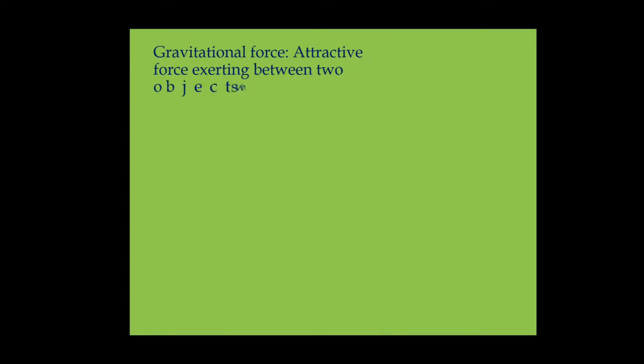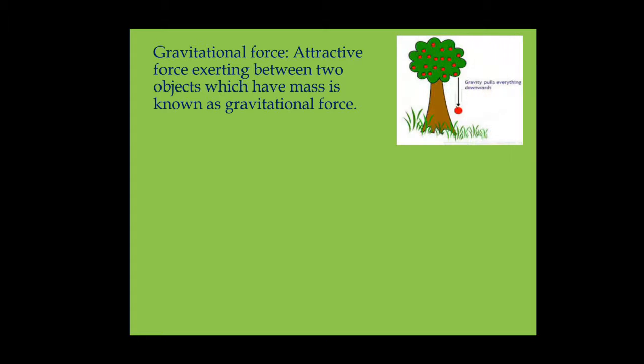Right now I am going to explain about gravitational force. The attractive force exerted between two objects which have mass is known as gravitational force. Look at the picture. An apple is falling to the ground, and this is the reason why it is falling downwards, because of gravity.